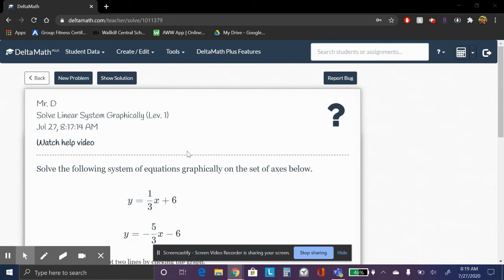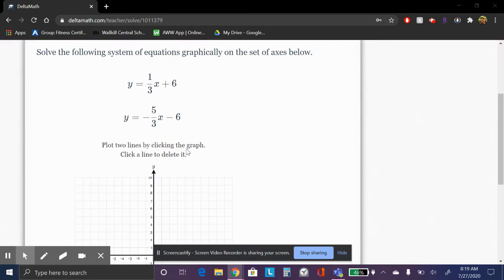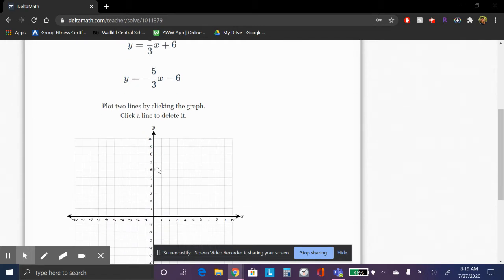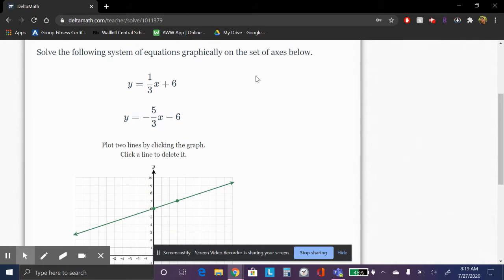If we take a look at this first problem, we have the first system. We start at 6 on the y-axis with this line, and we go up 1 to the right 3. Click. This one, you start at -6, and you go down 5 to the right 3.